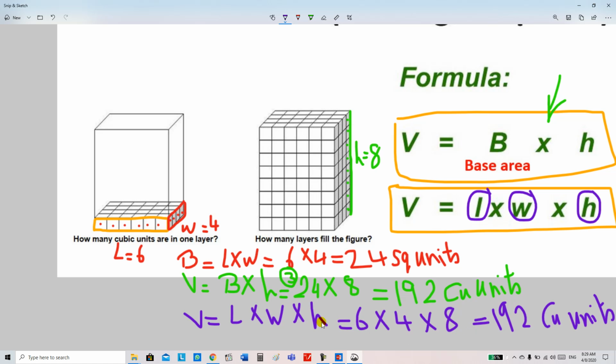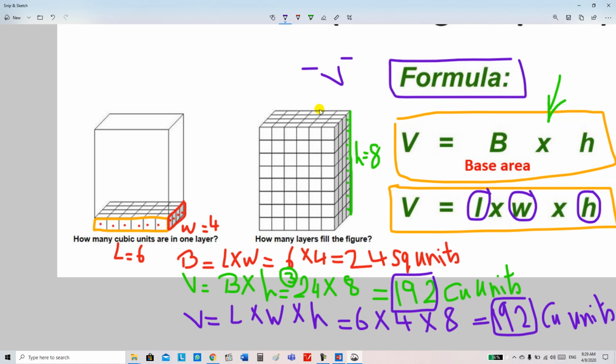It must give us the same number of cubic units because it's the same volume, just with different forms of the formula.